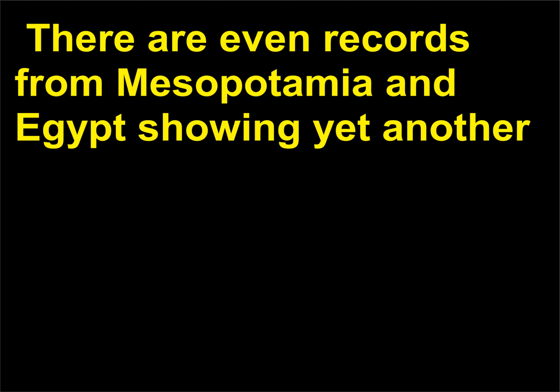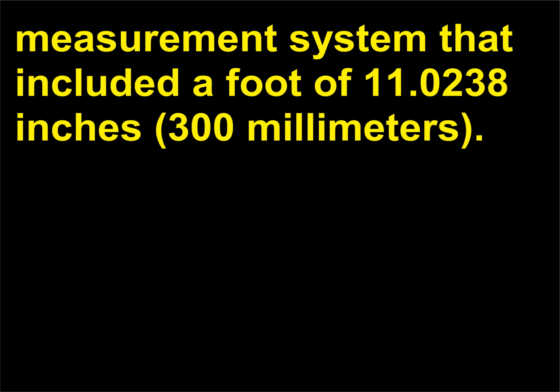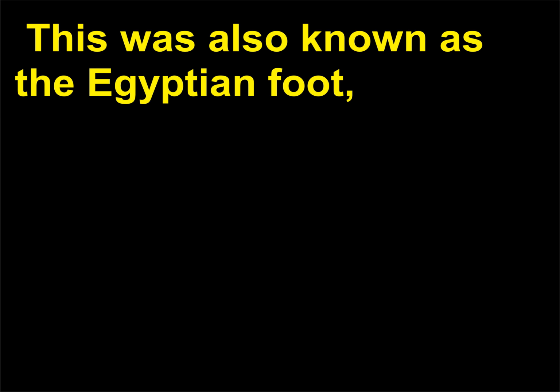There are even records from Mesopotamia and Egypt showing yet another measurement system that included a foot of 11.0238 inches, 300 millimeters. This was also known as the Egyptian foot, and it was standard in Egypt from pre-dynastic times to the first millennium BCE.